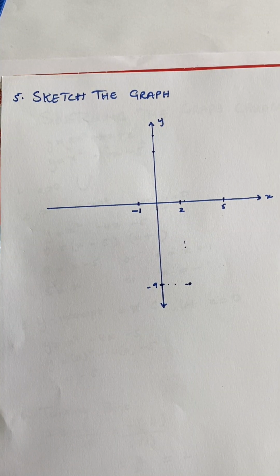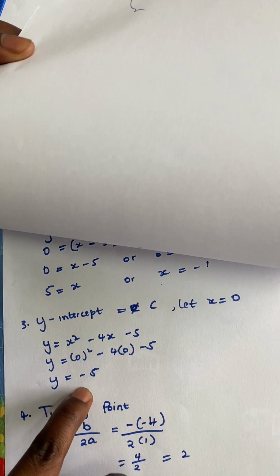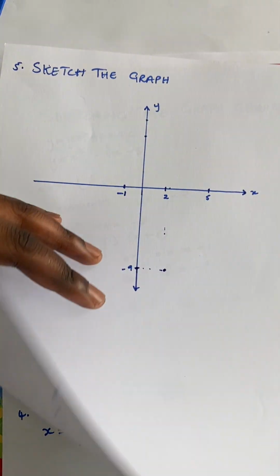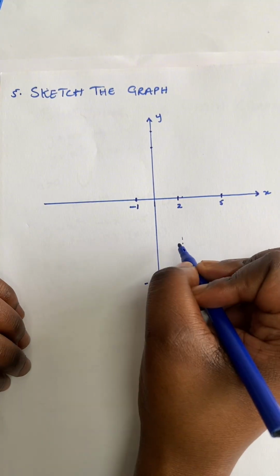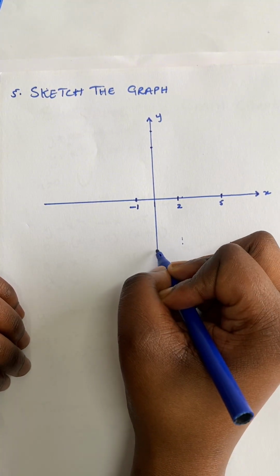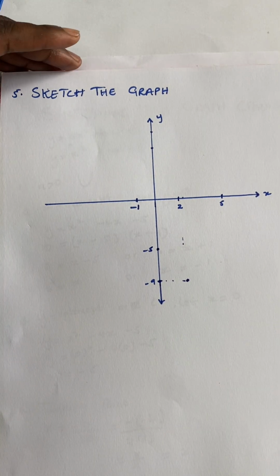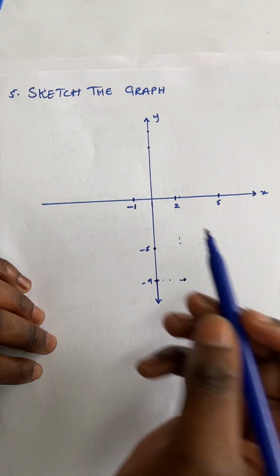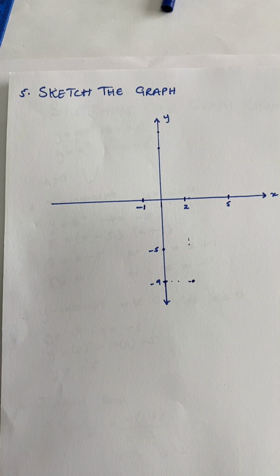What else? Your y-intercept. Your x is 0, but your y is -5. I'm going to assume that your -5 is here, -5 for y. All right, and then you join your points. Let me use a different color to join the points.